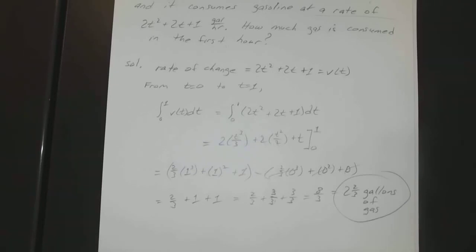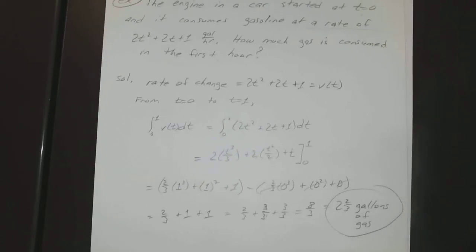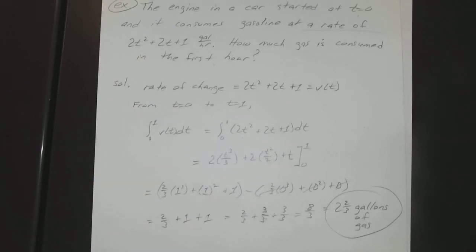So your velocity, the rate that the gas is being used, if you plugged in 1, they were saying, okay, at 1 second, it was using gas at this rate. Then let's say at 5 seconds, maybe they were going faster or slower. Say, okay, they were using gas at this rate at 5 seconds. So if you just plugged it right in, that's what it would give you.